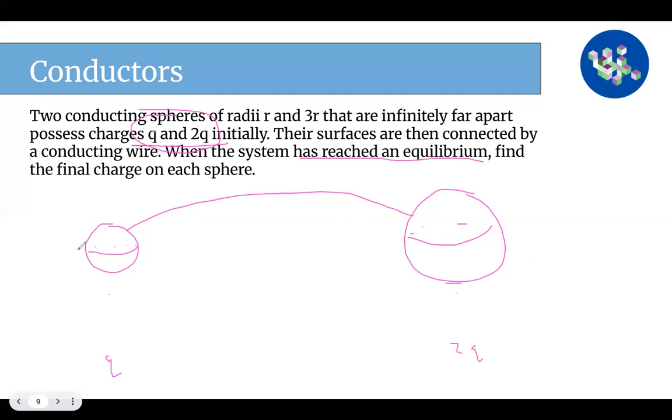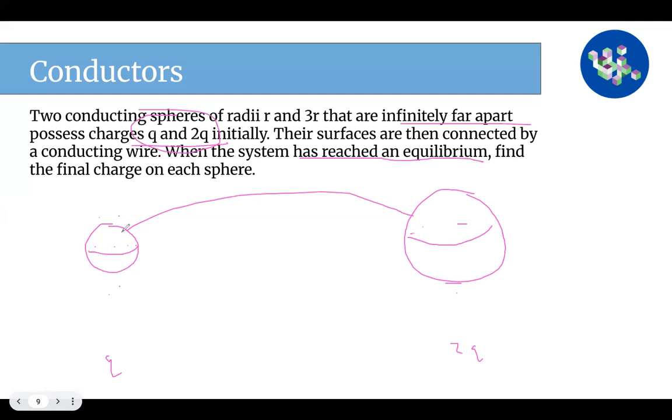Okay, so we said that each sphere must have equal potential. And also, I know that they're infinitely far apart. What this means is I can neglect the effect of the field due to one conducting sphere on the other. There'll be charges on the surface of this sphere, and that creates an electric field.